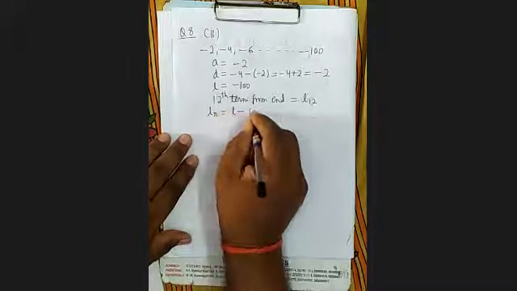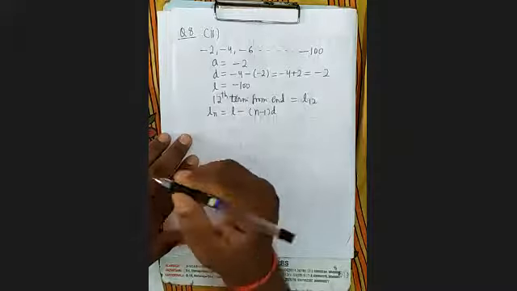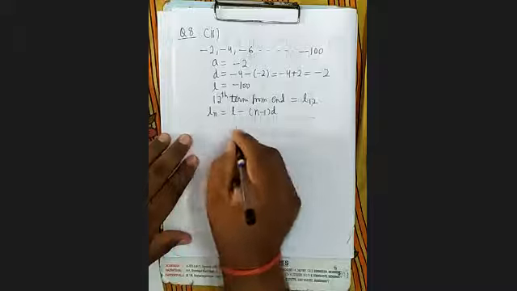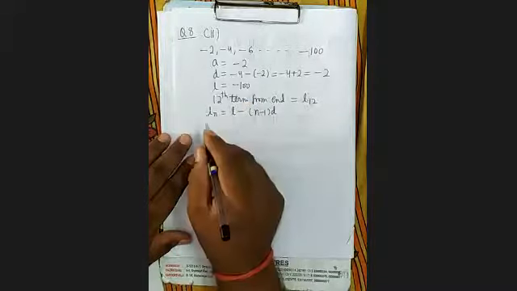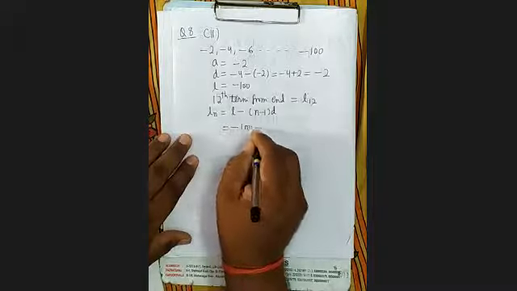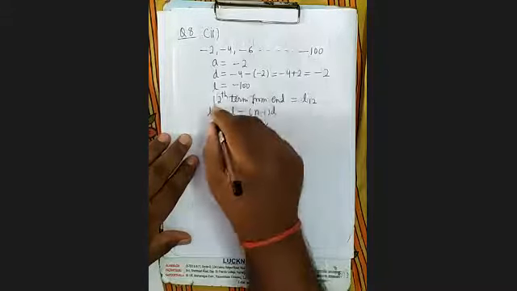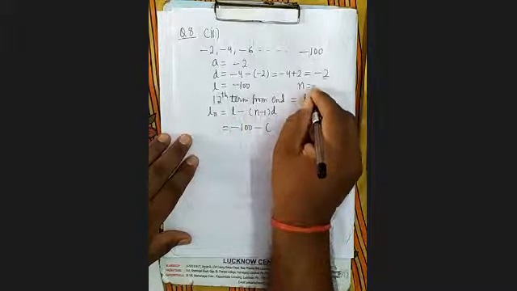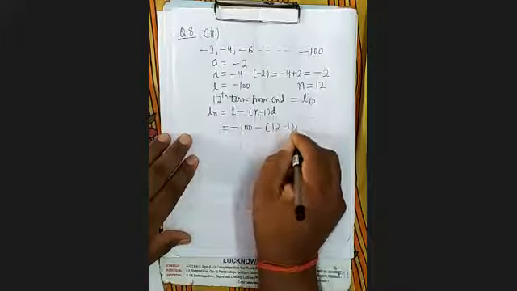It is clear? So what is ln? L minus (n minus 1) into d. Ln is this. So you write down L is how much? L is minus 100. n is how much? 12th term means n will be 12. D is how much?